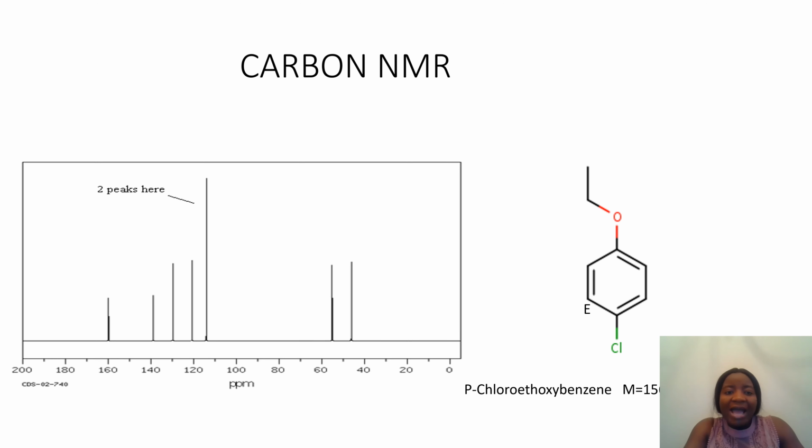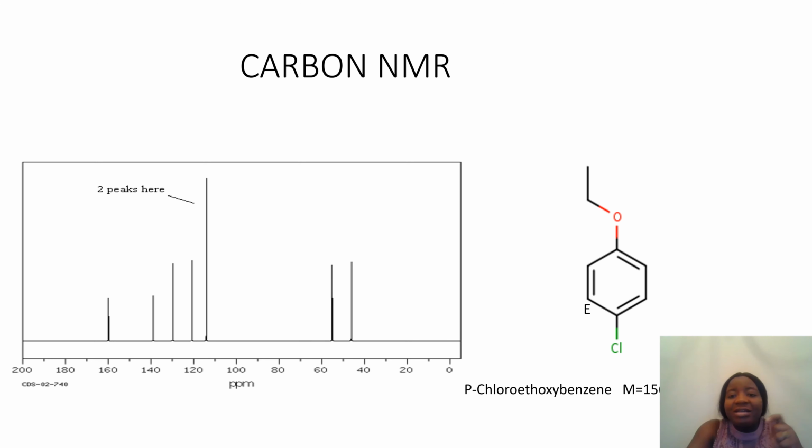First of all, I tried to collect all the information I had from the previous spectra, and I had a molecular mass of 140 instead of 156, which means there was something missing. And the molecular mass that was missing was 16, which told me I may have oxygen on my molecule. That's why you can see the oxygen right here.